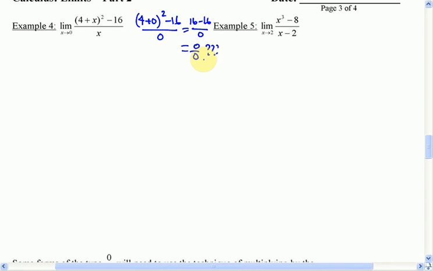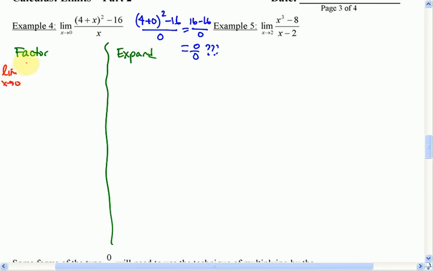Either you take a look at the numerator and try to factor it out, or you can expand and see what happens. I'll show you both ways. So if you factor, and the other way would be to expand. If you can see that the numerator can be factored, once again a difference of squares, that'd be 4 plus x plus 4, and then 4 plus x minus 4, then I think that's pretty straightforward, showing that I now have that extra factor of x right here.